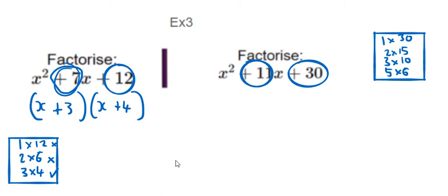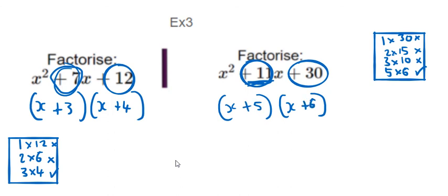I meant to put down my double brackets first, so x and x. Which of them will sum to give you 11? 1 and 30 definitely won't, because they'd sum to 31. 2 and 15 would sum to 17. 3 and 10 would sum to 13. But 5 and 6 add together to give me 11, the one in the middle, which I want. So plus 5 and plus 6. x plus 5, x plus 6 is the answer.